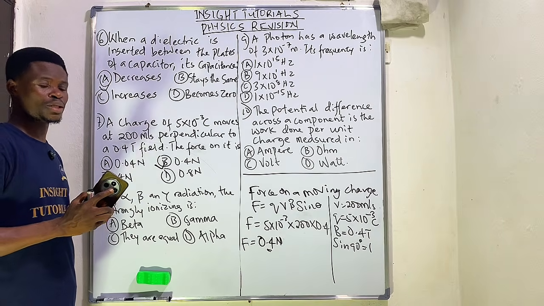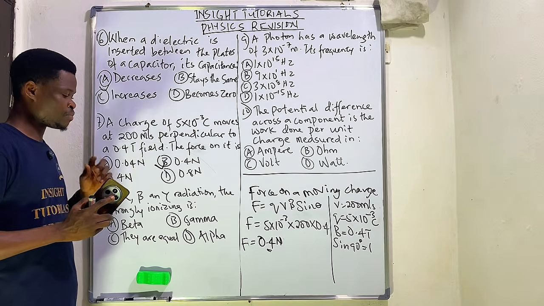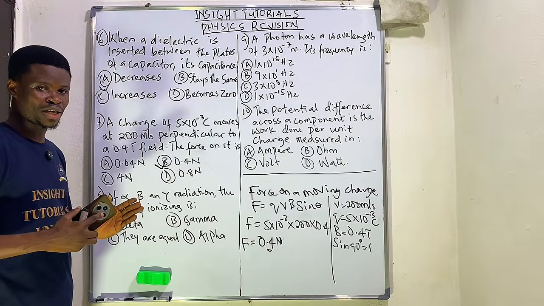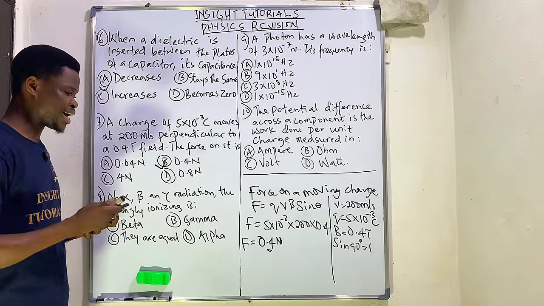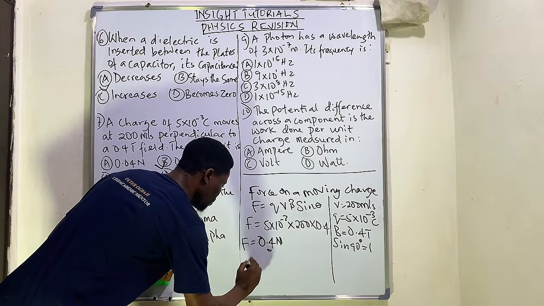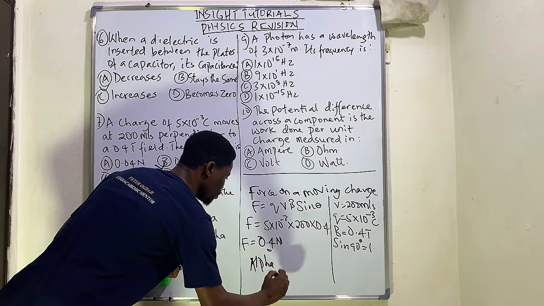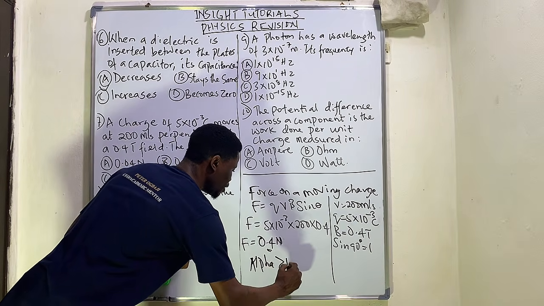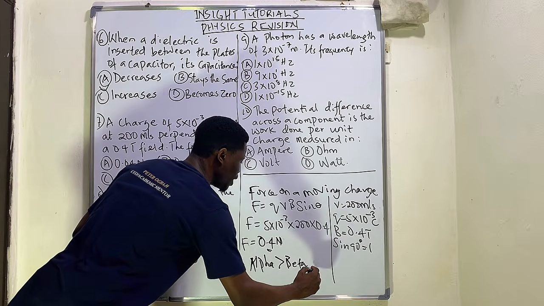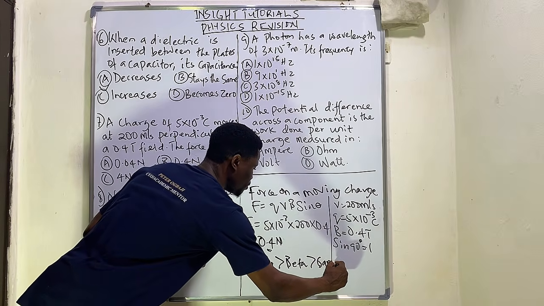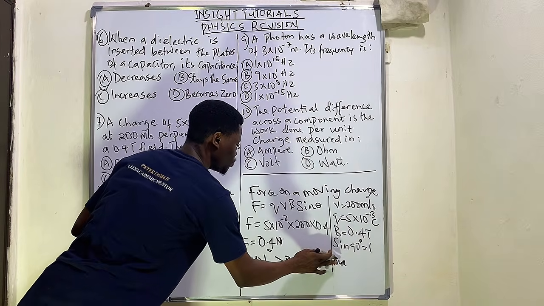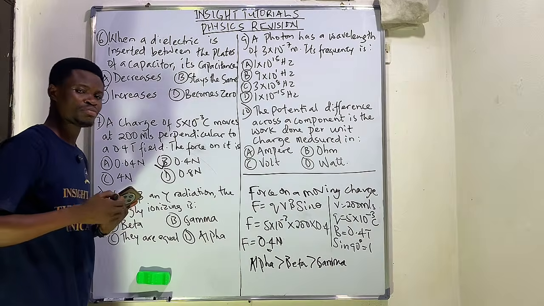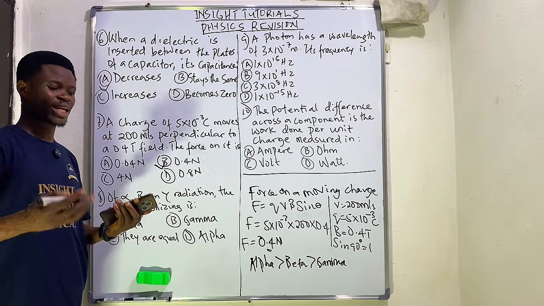Let's start with the ionization ability. In ionization hierarchy, the most ionizing is the alpha particle, followed by the beta particle, and then lastly by the gamma particle or the gamma ray. That is in terms of ionization ability.